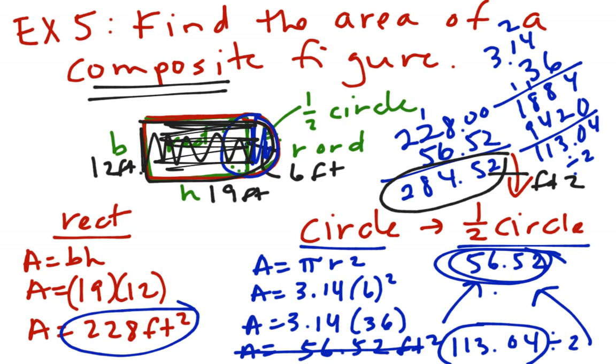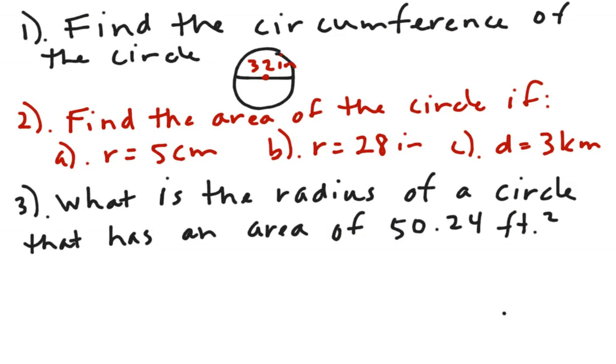So we're going to be practicing some composite figures, so I wanted to show that as an example. So now we have practice. Okay, your 5 practice problems. First, find the circumference of the circle, and it's a 32-inch diameter. Then we have 3 area problems.